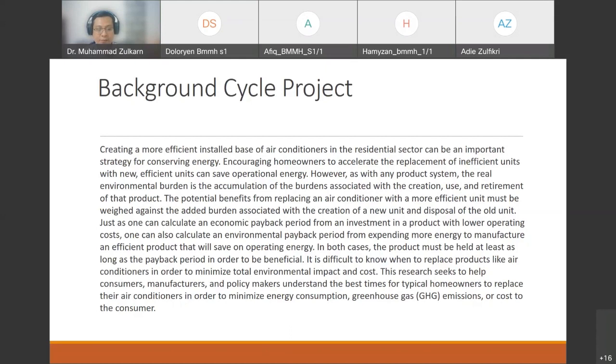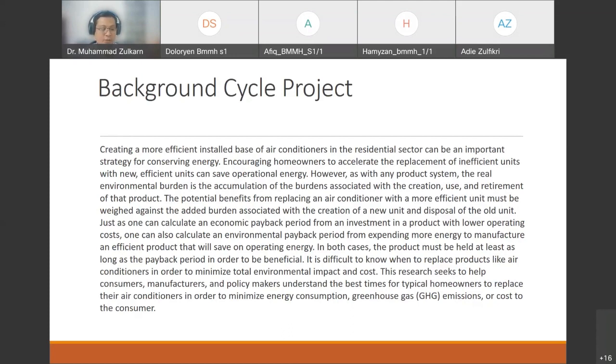So, for example, in the aircon or hatchback system, that can provide or propose an efficient unit that saves operating energy, so we can survive in the market.